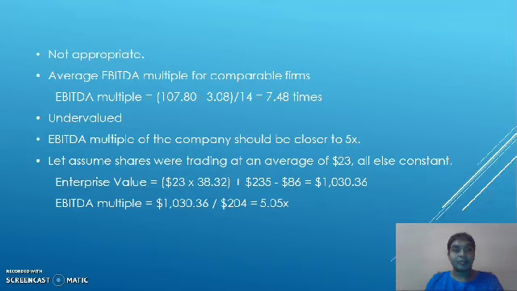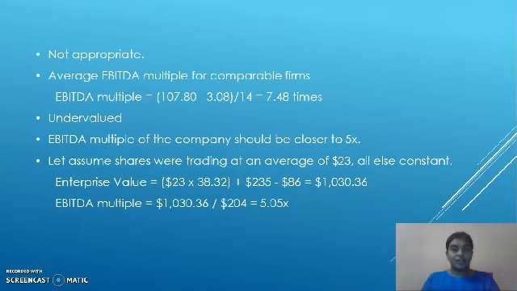The average can be calculated by taking the total EBITDA value for 15 firms minus the American Greetings EBITDA and dividing by the 14 comparable firms, which equals 7.48 times. Based on that, we can say that American Greetings' EBITDA multiple must be closer to 5 times.